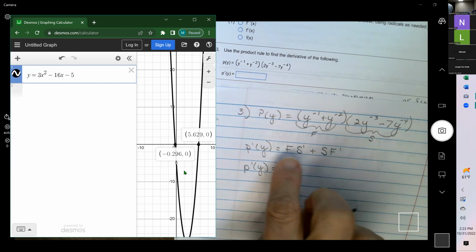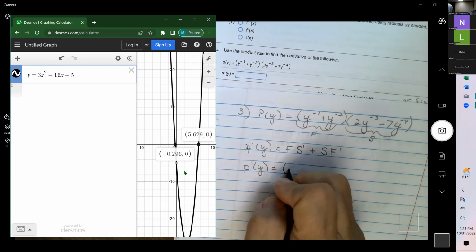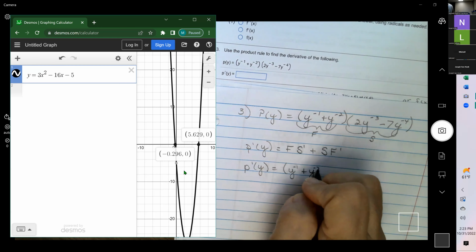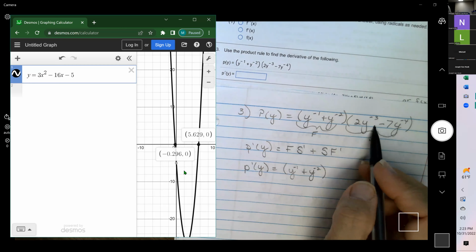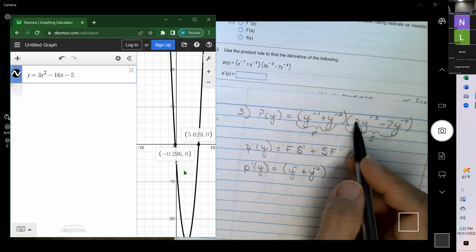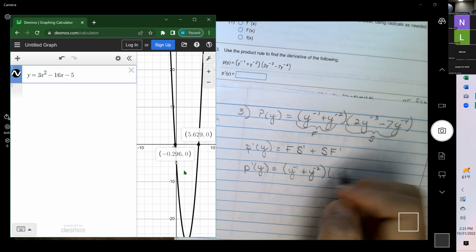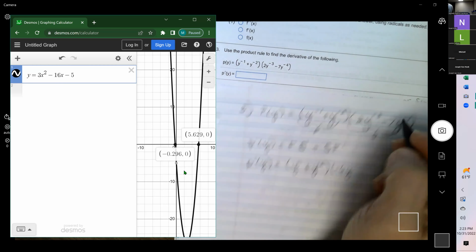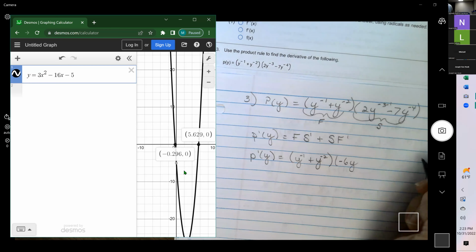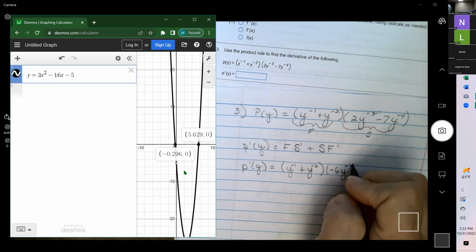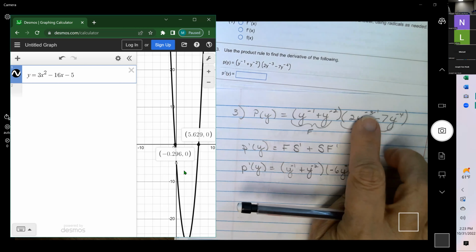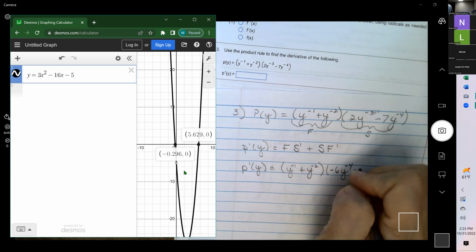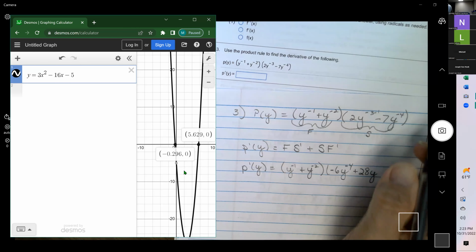The way I have it written, I would write the first y to the -1 plus y to the -2. Now the derivative of this, we multiply and subtract 1. 3 times 2 is a -6y. When I subtract 1, I get a -4. Same signs, so we add them. -4 times a -7 is a positive 28y.